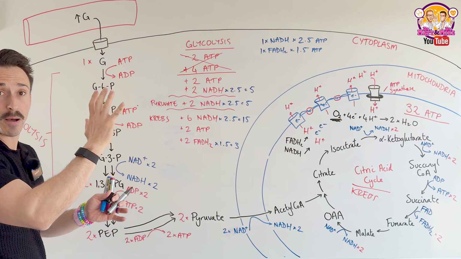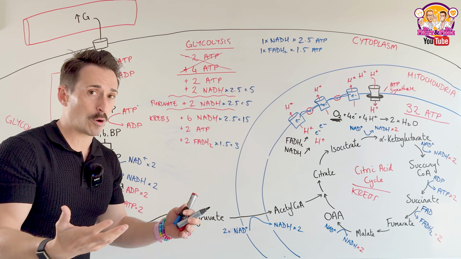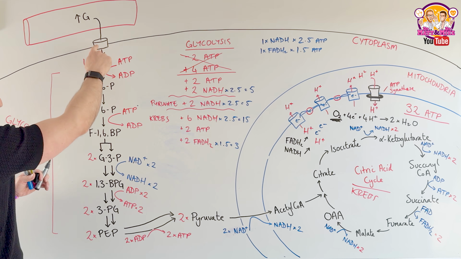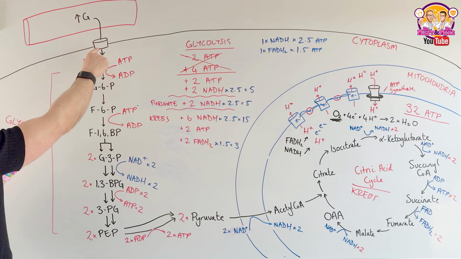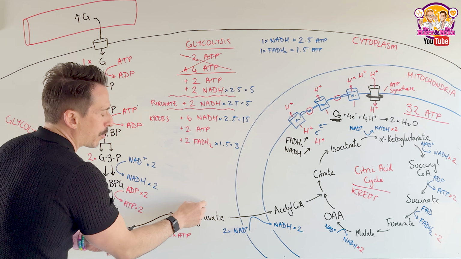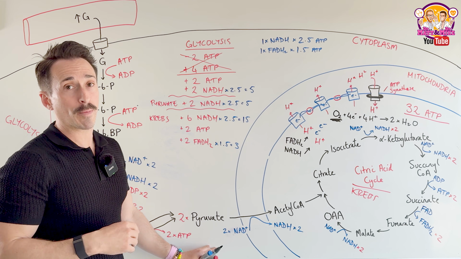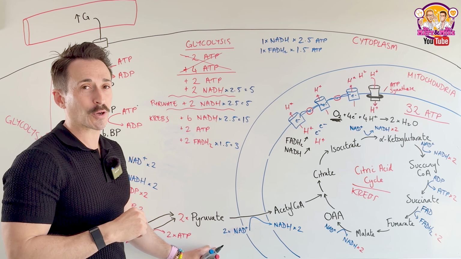And the whole thing backs up. And so what ends up happening is we don't do aerobic respiration. We have to do anaerobic respiration, which effectively is this, because what happens here is we go from glucose to pyruvate, but pyruvate can't enter this process, so pyruvate turns into lactate. And that's anaerobic respiration. That's for another video.